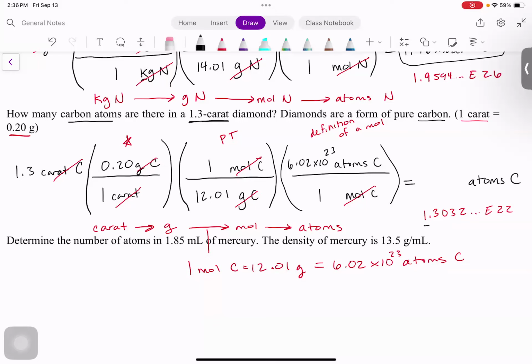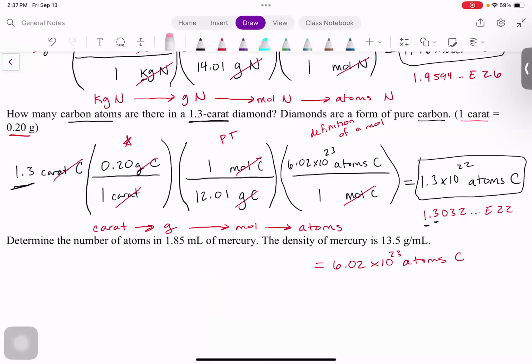I'm going to report this with two significant figures based on my given. Interestingly, it's the same two numbers. So 1.3 times 10 to the 22nd atoms of carbon. And that is my answer here, reported with two significant figures based on my given having two significant figures.